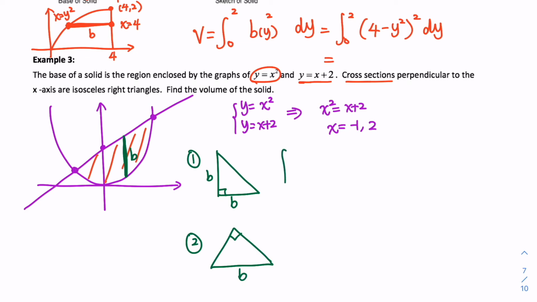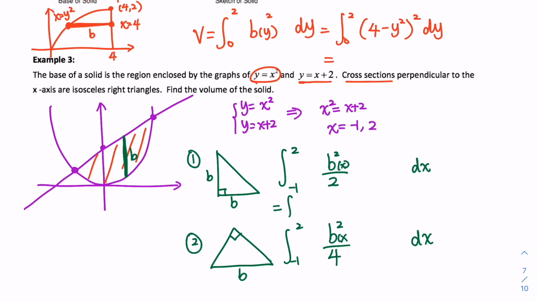The integration will always be from x equals -1 to 2, dx, and the inside will be different. If the leg is the base, the area will be b squared over 2. If the hypotenuse is the base, it will be b squared over 4. And b is a function of x.